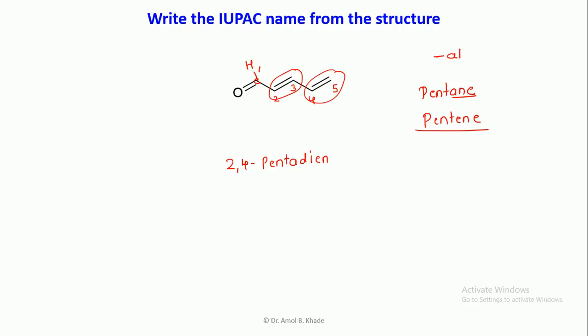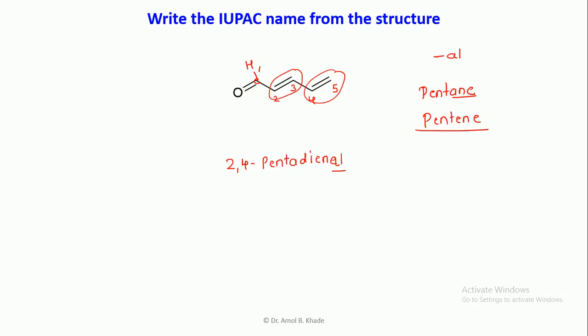So I can write as diene. Okay, E will not come, and then we can write Al as a suffix for this aldehydic functionality. So it will be 2,4 pentadienal. Okay, that will be the correct name for this structure.